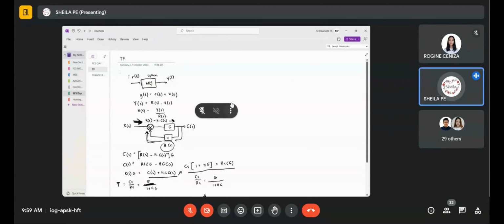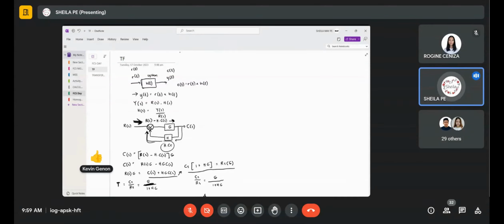If we put this the same with our system, I can have this as our R of T, C of T, and our H of T. So if we do it like this, that should be C of T, R of T times our process inside the system, or our system itself.